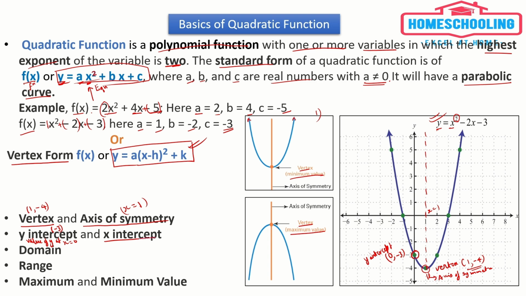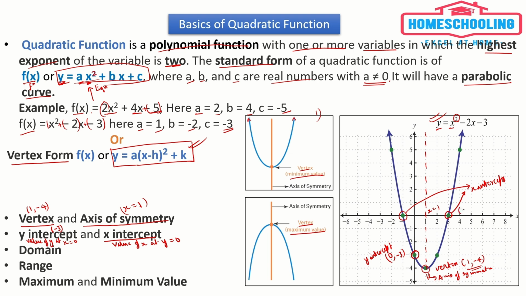Now, what is the x-intercept? The x-intercept is the value of x at y = 0. On this line, y is equal to 0, so our x-intercepts would be these two points.